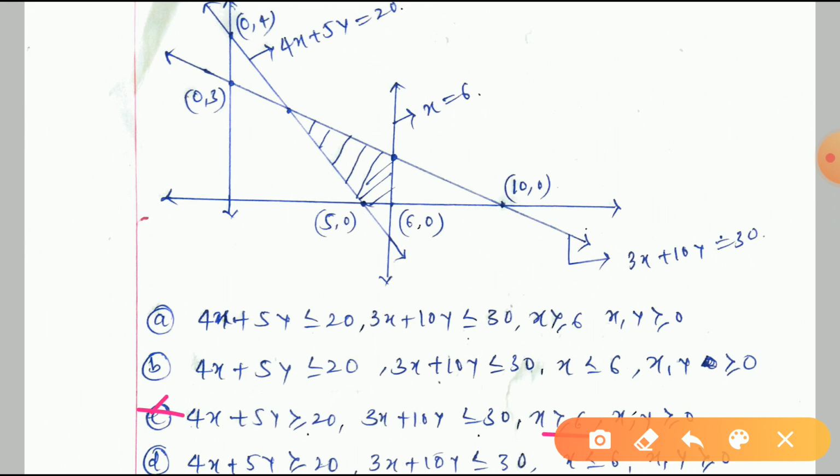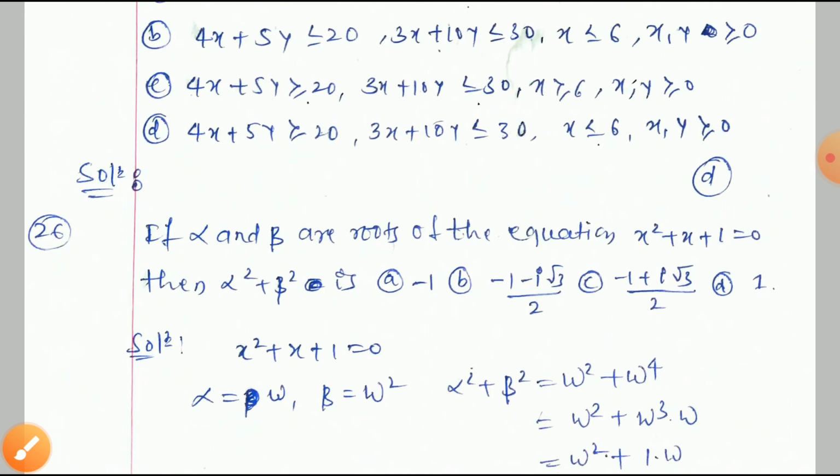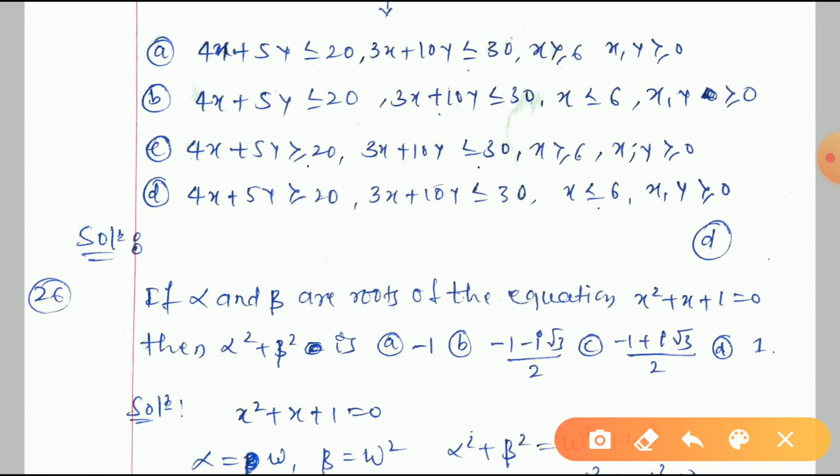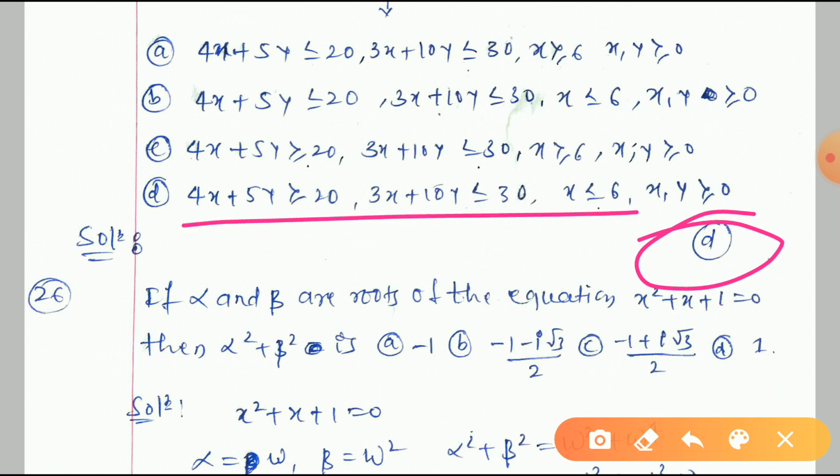Therefore option C is wrong, option A is wrong, option B is wrong. Therefore option D is the right choice for this question, question number 25.